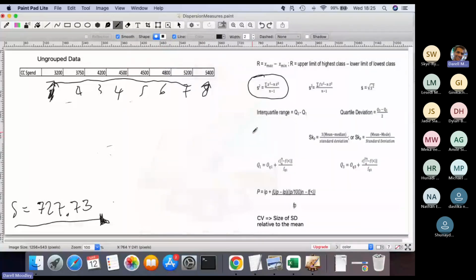The coefficient of variation is this formula here. It's CV equals S over X bar, as a percentage.